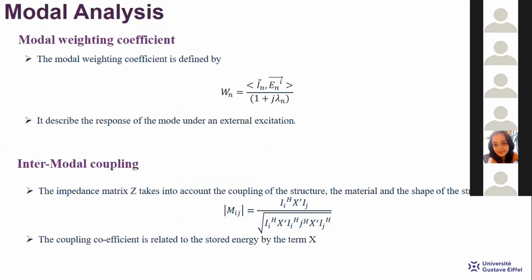So I would like here to introduce two main metrics that allow us to better understand and better apply this methodology. First of all, the modal significance coefficient, which describes the response of the mode under an external excitation. The higher the magnitude of this coefficient, the more important role the mode plays in the radiation of the antenna.